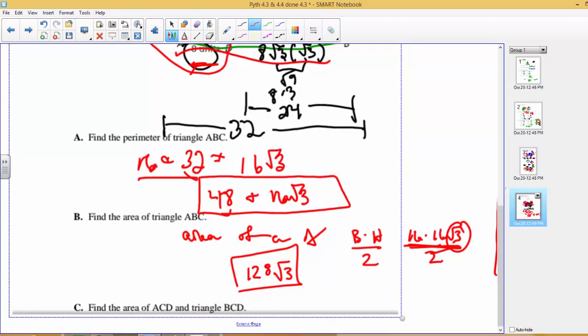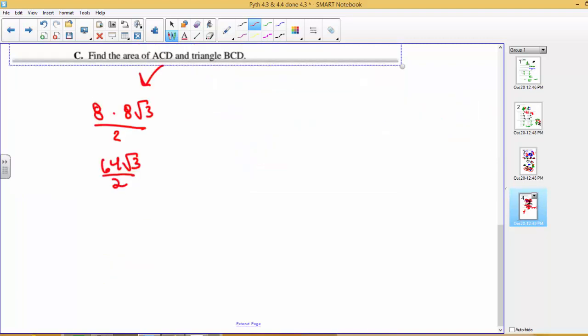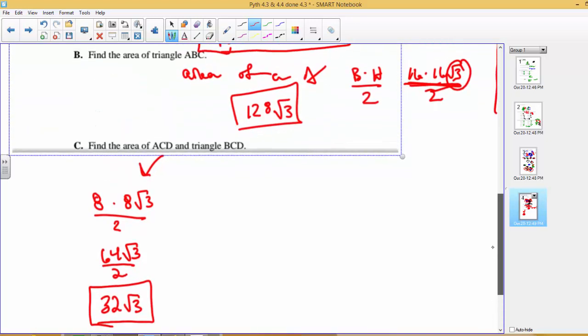That's your base and height, because together those give you a 90-degree angle. So 8 times 8 square root of 3 divided by 2. So 8 times 8 is 64. And 64 divided by 2 is 32. So that's your answer for triangle ACD.